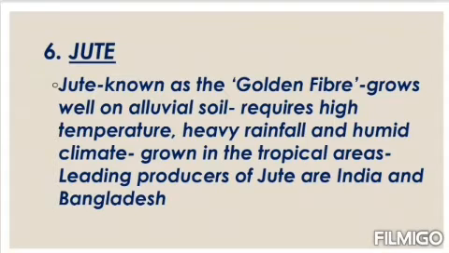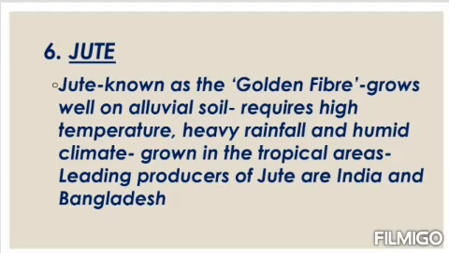The next one is jute. Jute is also known as golden fibre. It grows well on alluvial soil. It requires high temperature, heavy rainfall and humid climate. It is grown in the tropical areas. The leading producers of jute are India and Bangladesh.